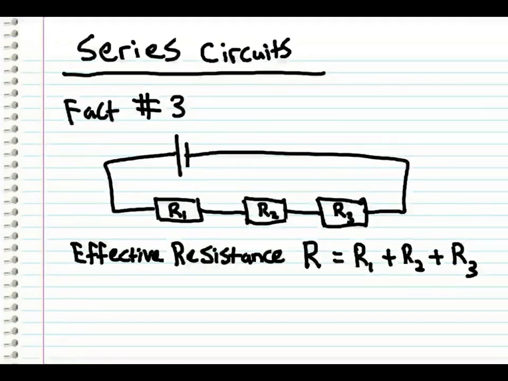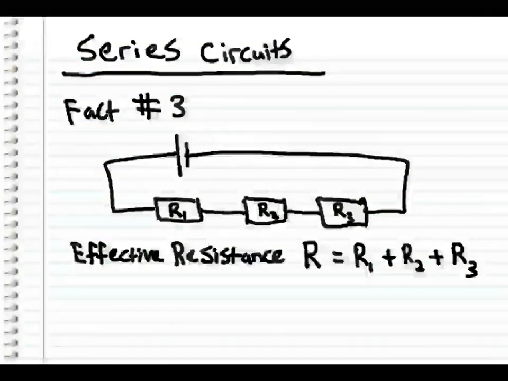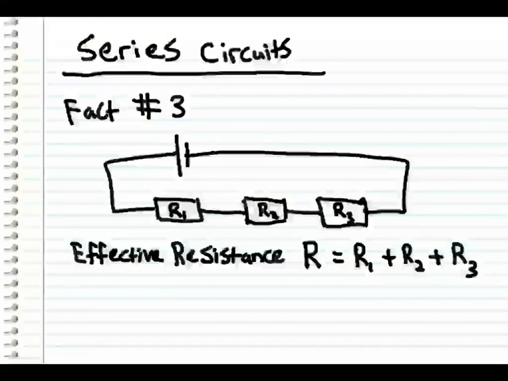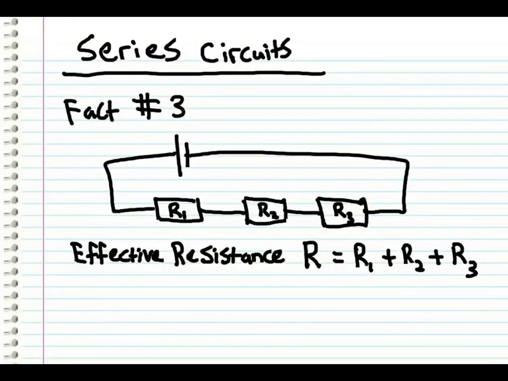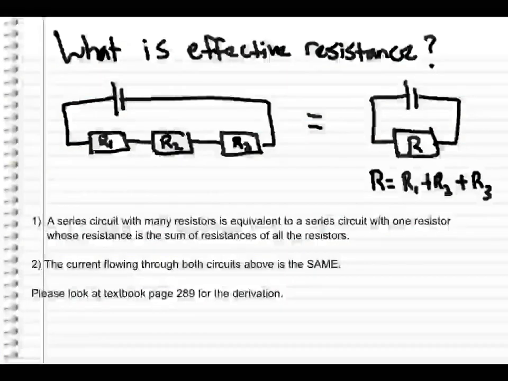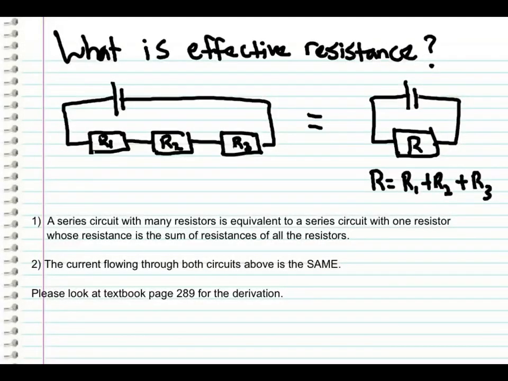Now for fact number 3. When you have a lot of resistors arranged in a series circuit, the effective resistance is simply the sum of all the resistances of the resistors. So what is the meaning of effective resistance?